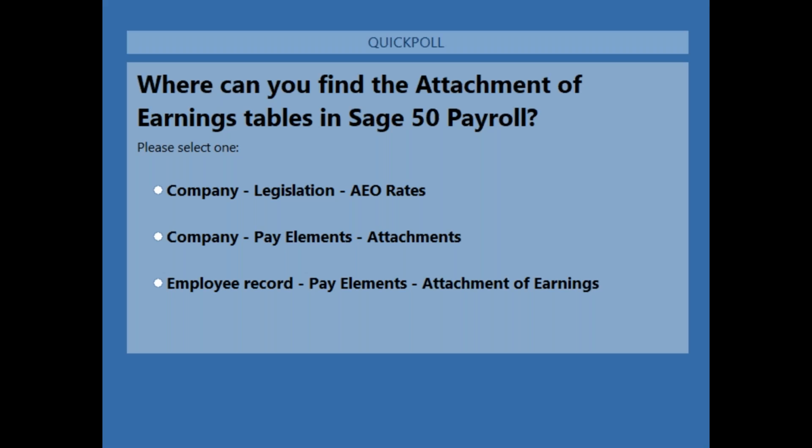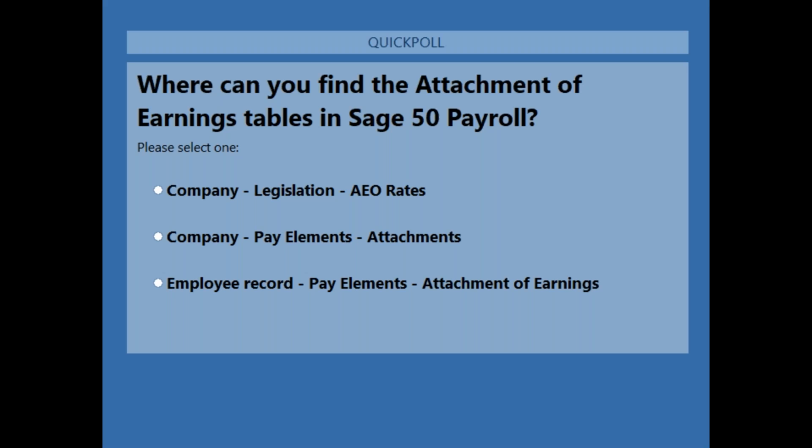Or can you find the attachment tables within the employee record, pay elements, attachment of earnings? We showed you this a few times in the demo, so hopefully a nice easy starter for you. Where can you find the attachment tables?